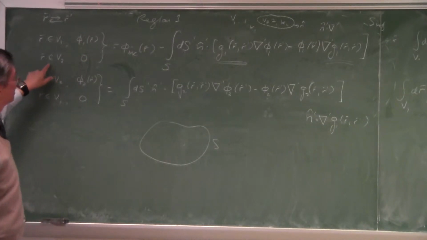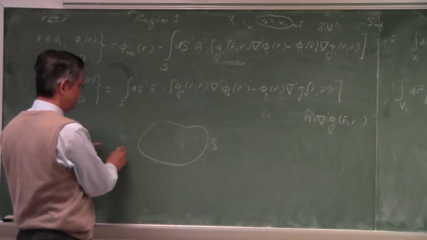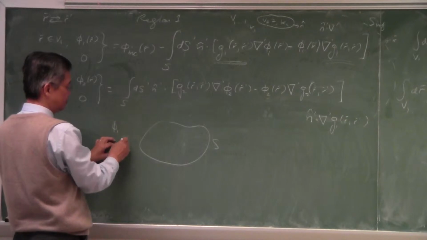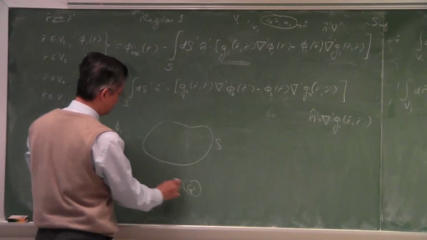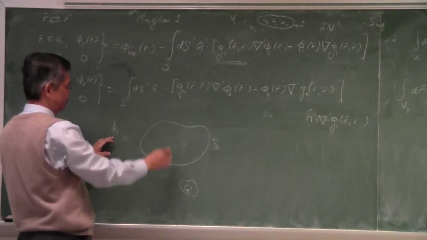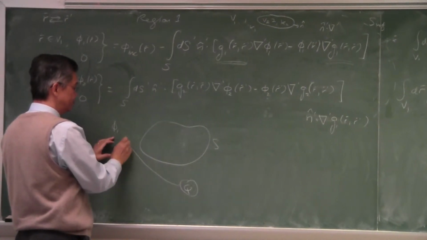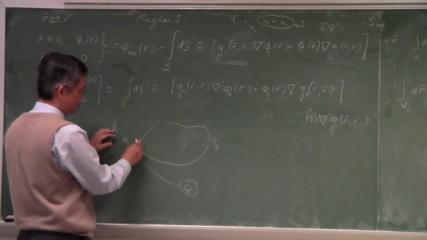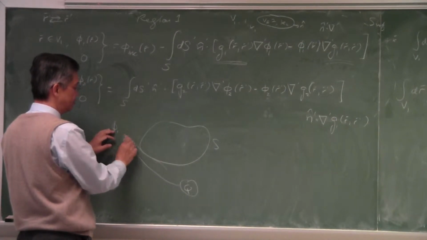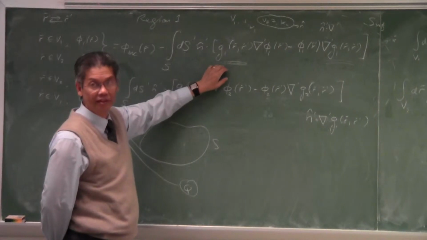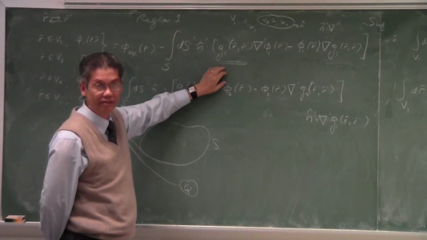That is, if your observation point is outside, you see phi1. Okay, there's some source Q over here. You see phi1. Phi1 is a contribution from the incident field, plus the scattered field. The scattered field can be thought of as monolayer sources and dipole layer sources on the surface of the object.